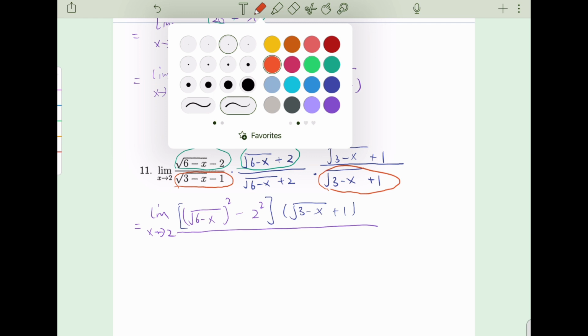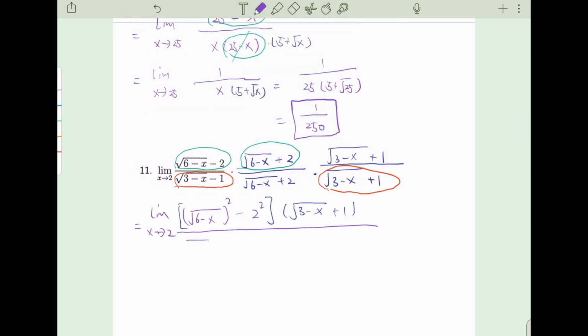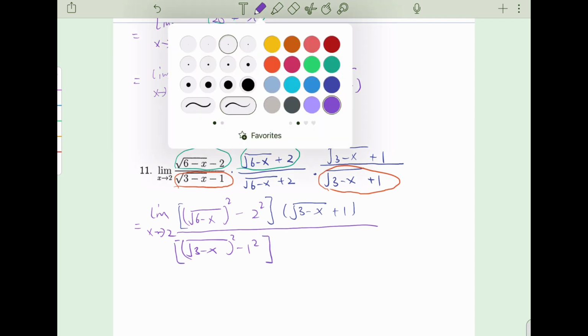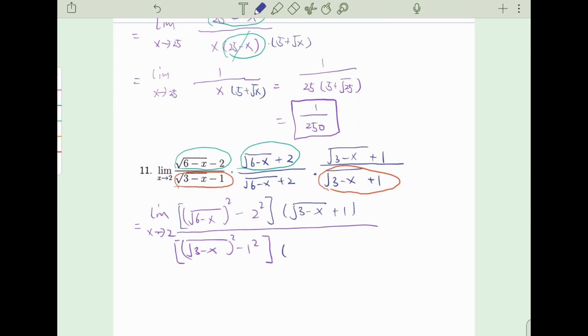So I have now 3 minus x bracket square minus 1 square bracket multiply with the other guy, that is 6 minus x plus 2.